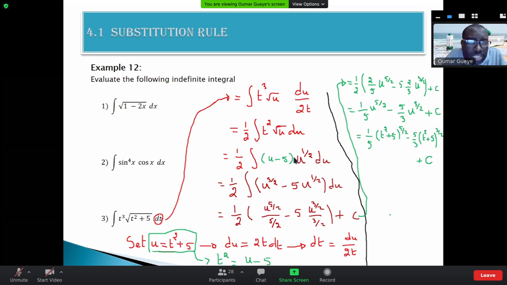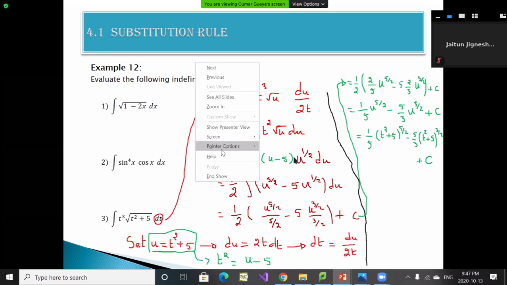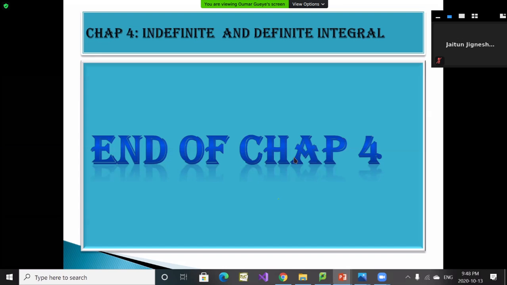Okay, so this example concludes the 4th chapter. Next, I'm gonna introduce the 5th one before letting you go. So we're done now with the definite and indefinite integral.